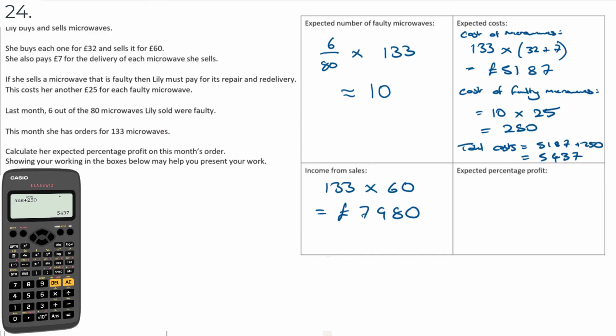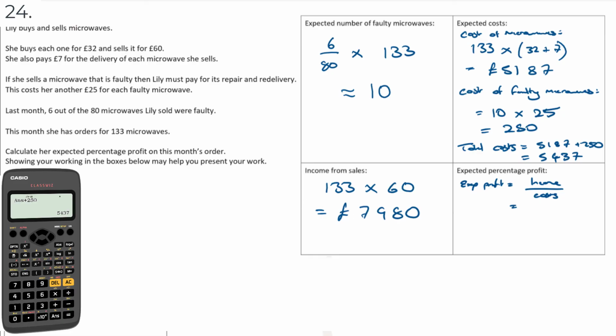So then what we want is the expected percentage profit, which is going to be your income divided by your costs. Income over costs.